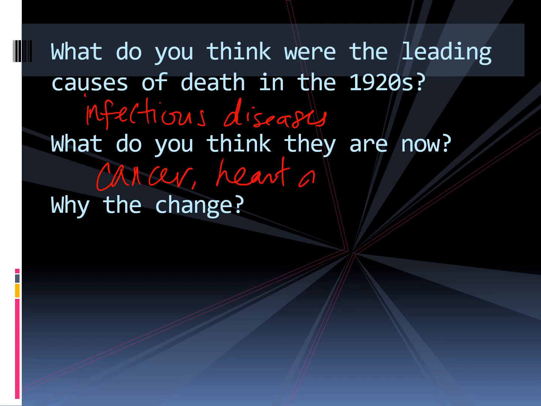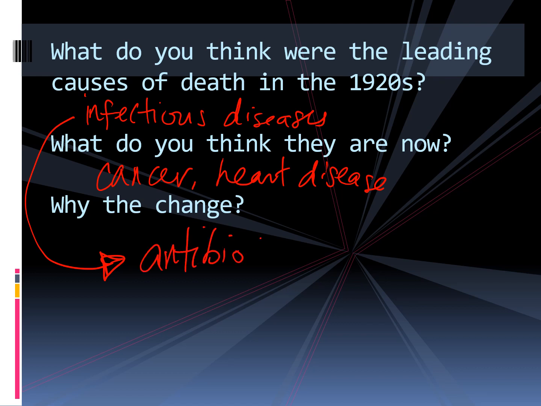These are the more common or leading causes of death. And why the change? Because we learn more about how to treat them, and one of the ways we do that is through antibiotics. So this is just something to introduce this chapter in terms of DNA and all that, but this is information that you should be aware of as well.